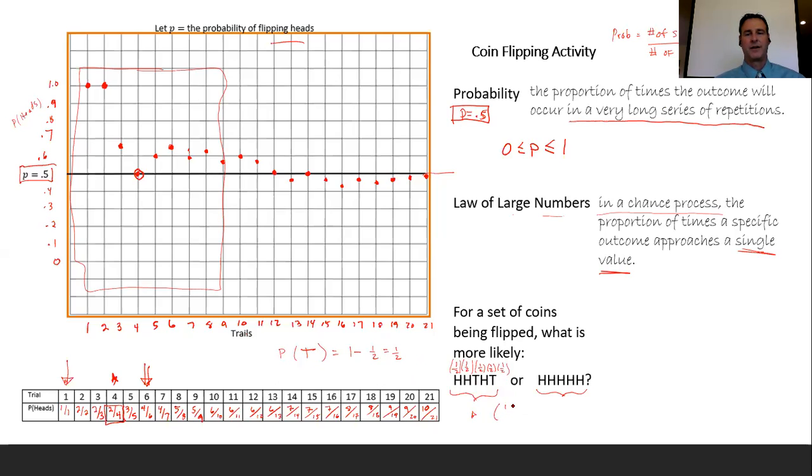So that's 1/2 to the 5th. And this is also 1/2 to the 5th because these are all a half. So while some people may have been comfortable choosing one as an answer, they're actually both the same, because they both have the same probability for getting each of the respective sequences, which is 1/2 to the 5th power. So they're the same.